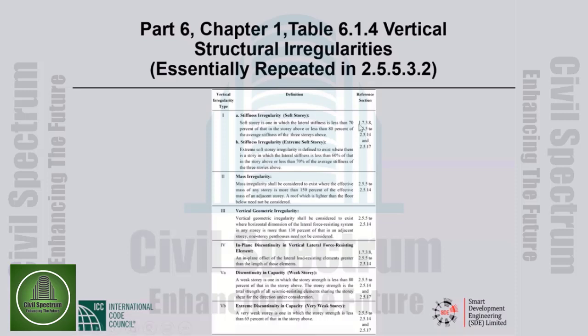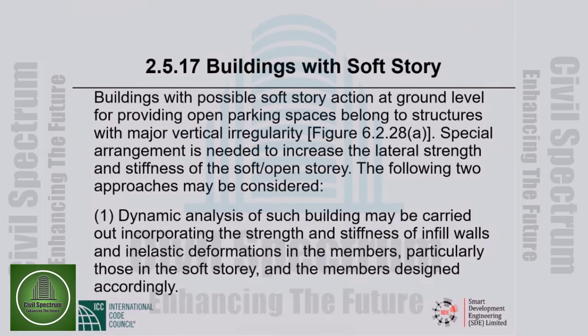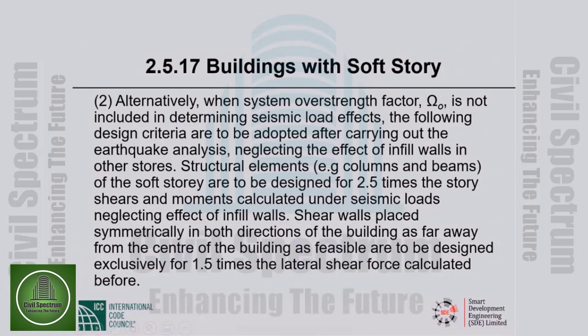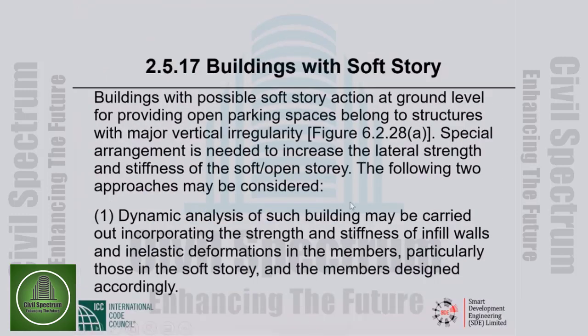Now, in addition to 1738 and all those sections, there is a section 2517 that is invoked. Okay, and 2517 is a section entitled Buildings with Soft Stories. And the way time is running, I probably will not go into the substance of these.